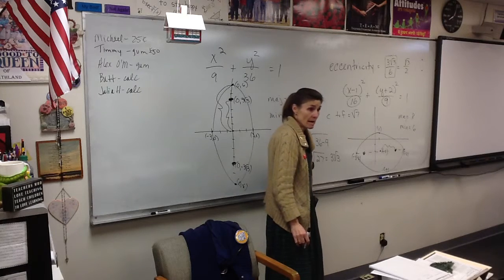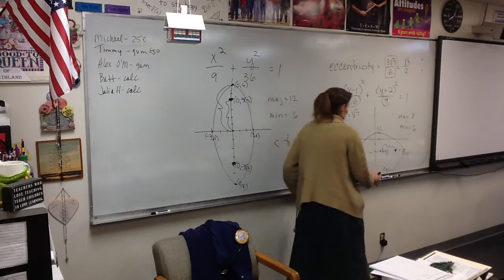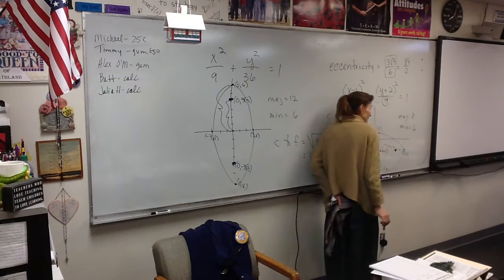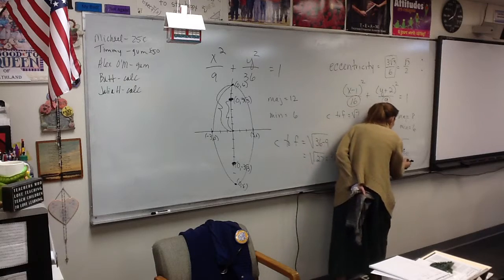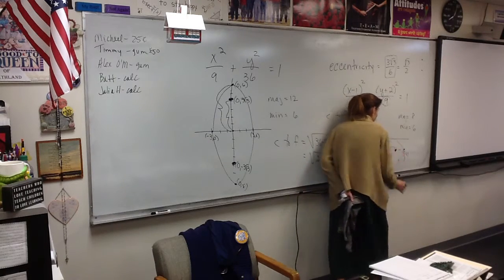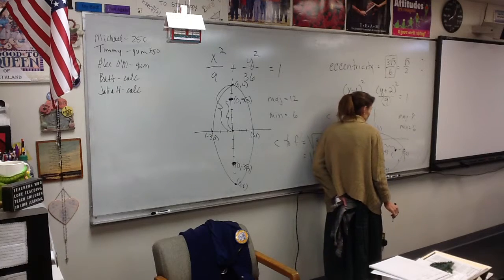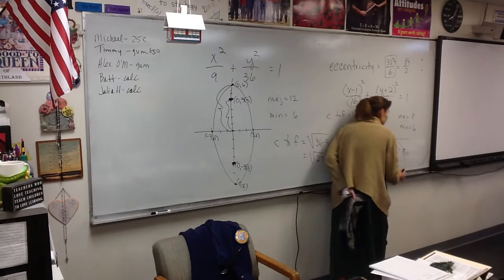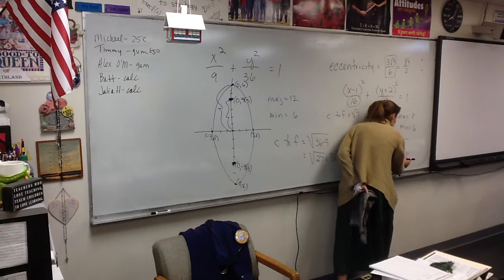Good job. Now, be careful. You're going to start here and go forward root 7. So what will be the coordinates of that point? 1 plus root 7, comma -2.